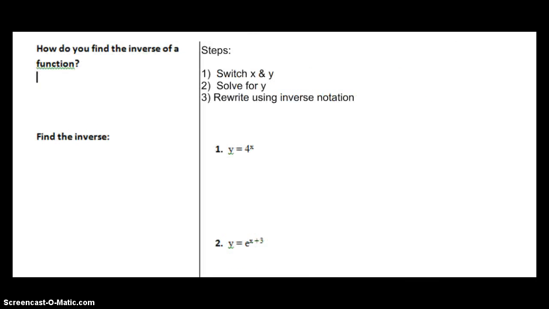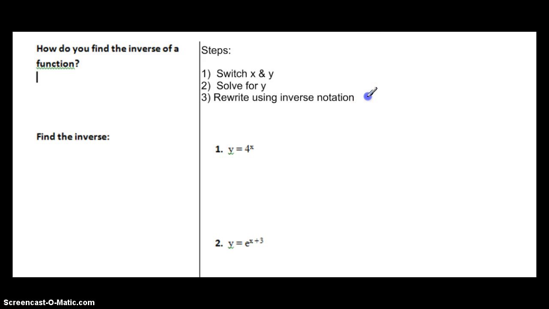Okay, the rest of the notes are going to be talking about how to find the inverse of a function and reviewing graphing those. And remember our steps for finding an inverse. No matter what function it is, the first step is we're going to switch x and y. Then we're going to solve for y. Last step, number 3, we're going to rewrite using the inverse notation.